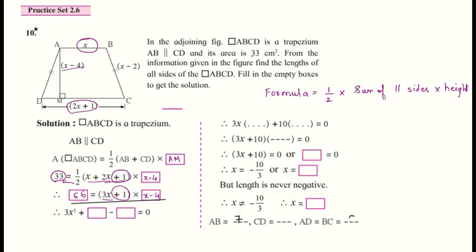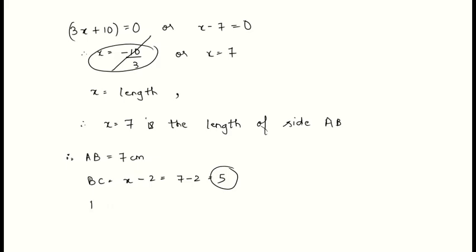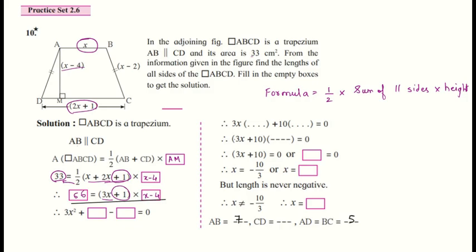Now calculate DC, which is 2x plus 1, equal to 2 into 7 plus 1, equal to 14 plus 1, which is 15. So CD is 15, and it is already given that AD is equal to BC. This is equal to this, which is nothing but 5.